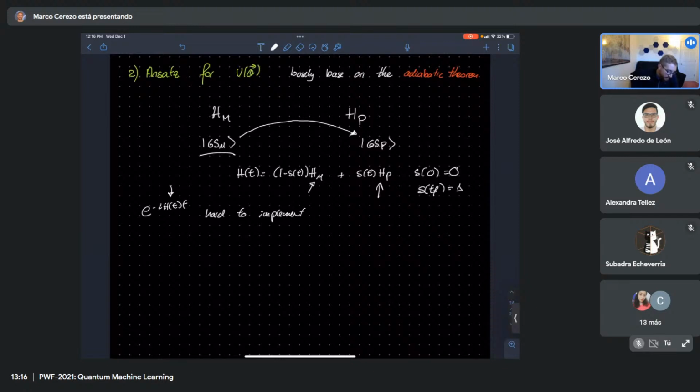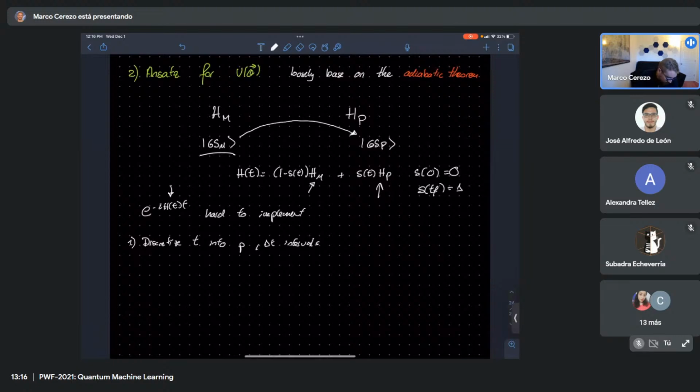So the first thing that we usually do is discretize time into p delta t intervals.